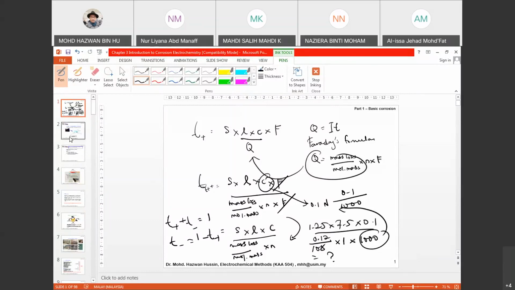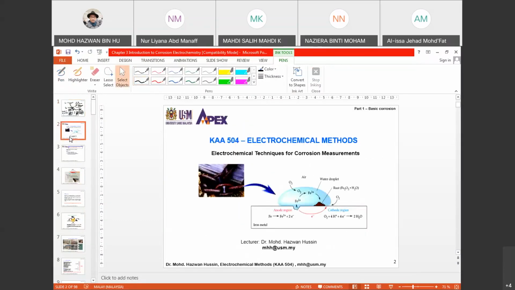All right. So without further ado, I think I will start the new chapter. Basically, the new chapter is completely different from the first two chapters that we have started. The first two chapters are basically on physical electrochemistry, and today we are going to start with corrosion electrochemistry.